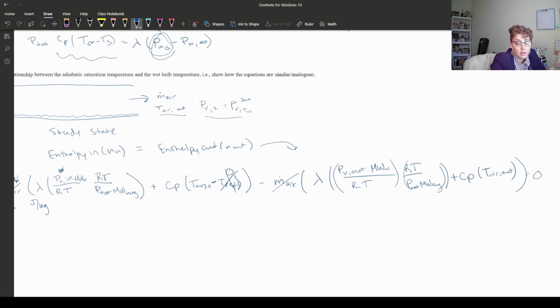For ease of not rewriting it and time saving, I'm just going to write it like this. And then we can begin combining terms for this term and this term and this term and this term. We'll start with the heat capacity because that one's simple. We have the heat capacity times the difference in the temperature of air going in and the temperature going out.